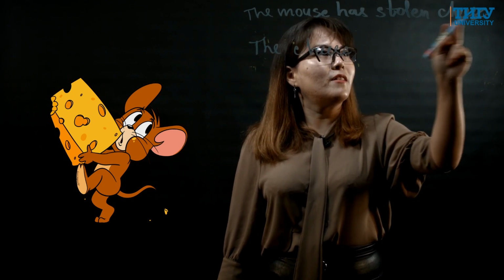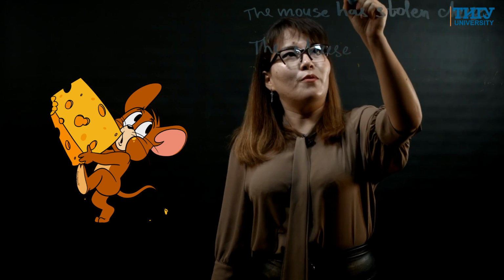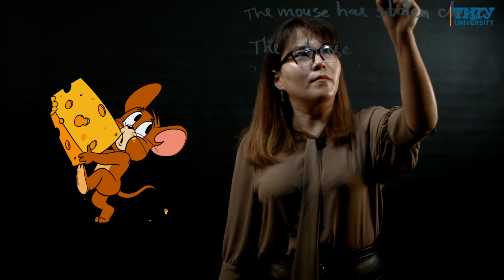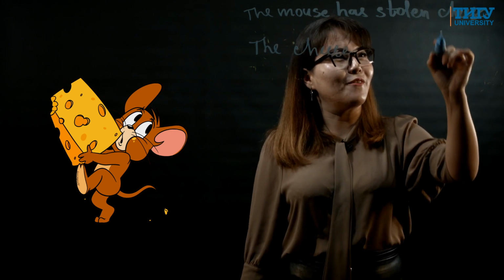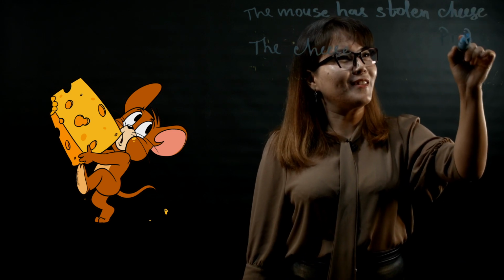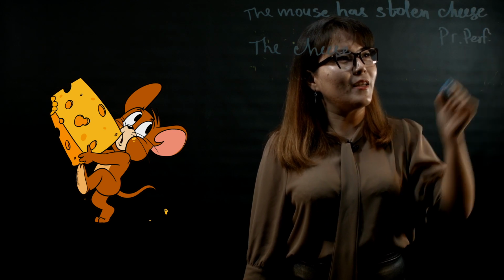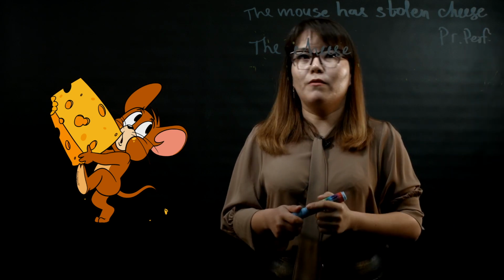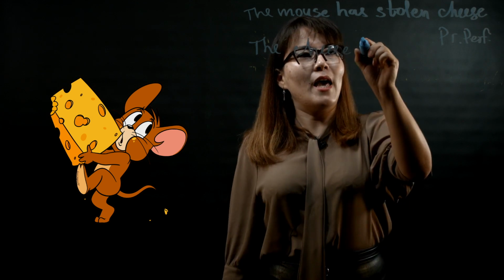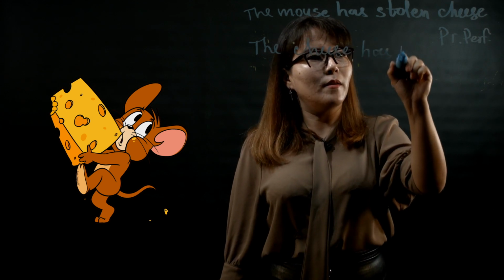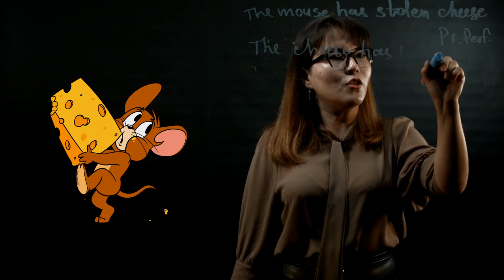Then mind the tense. This is the present perfect. I may write here present perfect, because every time I get out of the range. Okay, the cheese has been stolen.